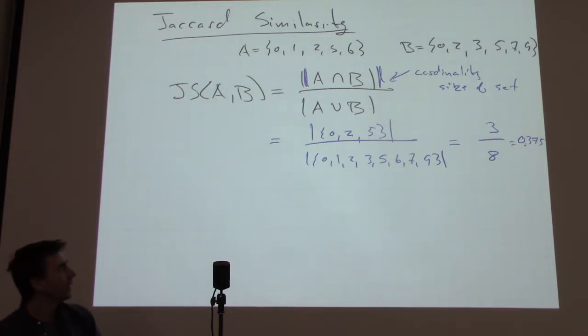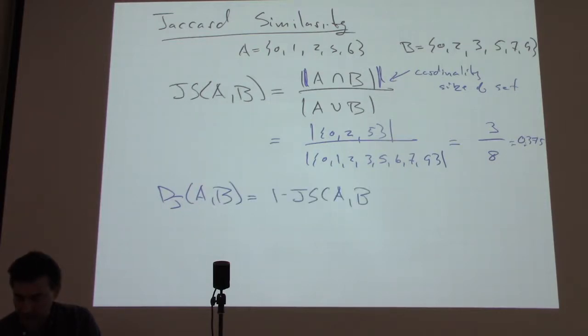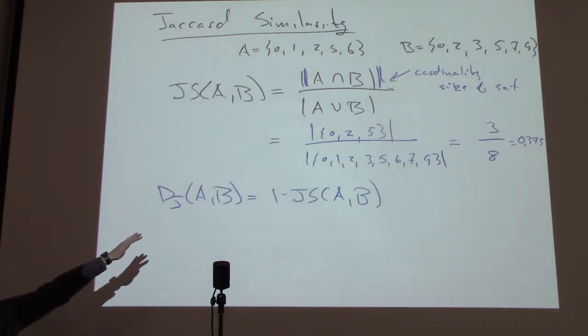Okay, so this is probably the single most common similarity between sets. And you can define the Jaccard distance, you write it this way, the Jaccard distance of A, B is going to be 1 minus the Jaccard similarity between A and B. And it turns out that this will be a metric.